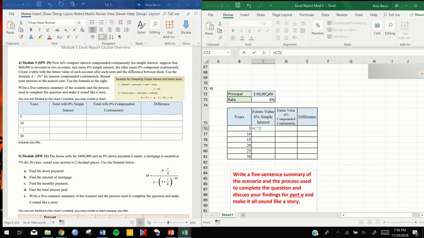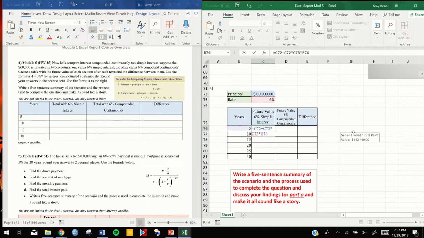I can do the principal plus, remember, over here, we're looking at the future value, not just the interest. So we need the principal plus the interest. Well, the interest is the principal times the rate times the time, which is right here.